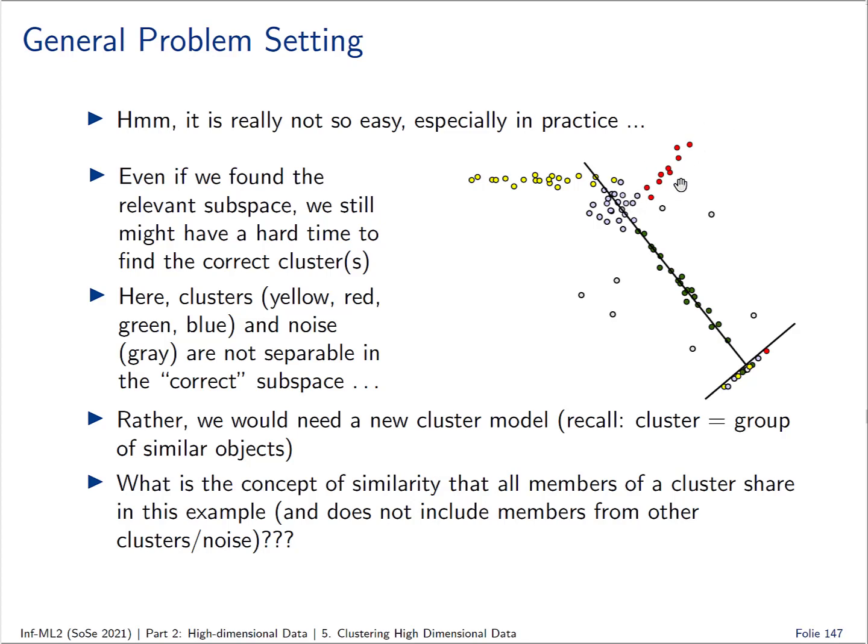The same holds true for the subspace of the red cluster, and maybe also for the subspace of the yellow cluster. It's not a really distinctive pattern in the corresponding projection. So here the clusters and noise are not really separable in the correct subspace. And this makes it really hard in practice. That somehow tells us that we probably need to look for a new cluster model.